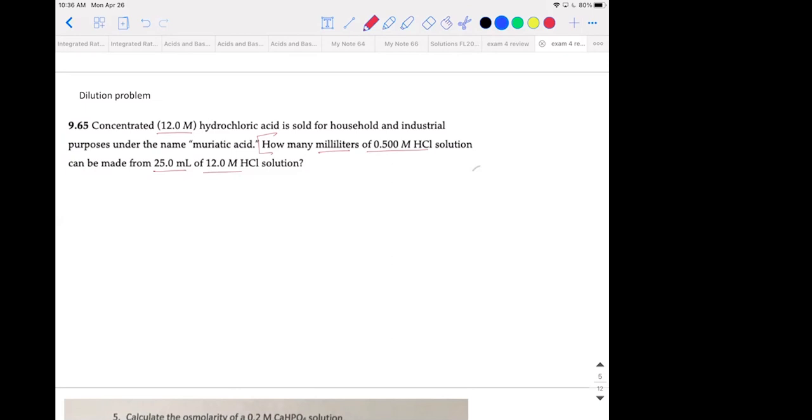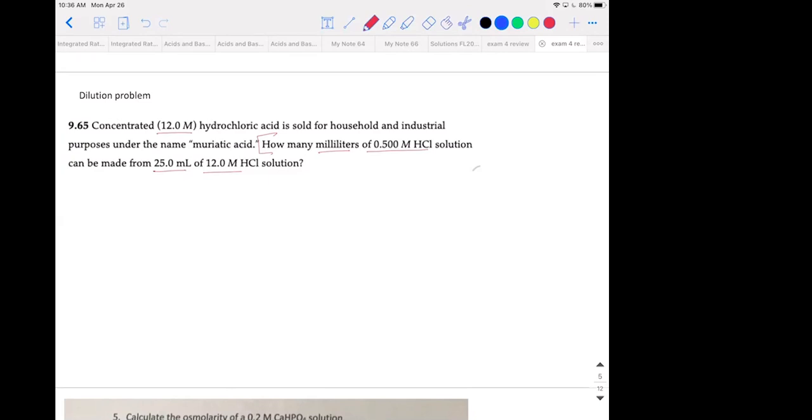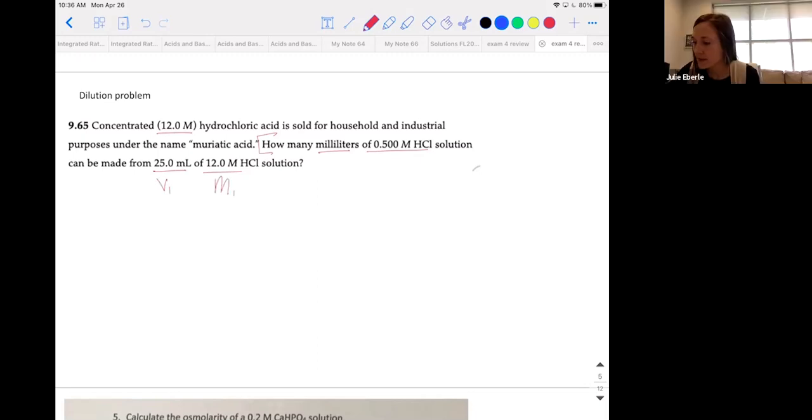Isn't it just M1 V1 equals M2 V2? It is. So what do I need to plug in? What's my M1 and V1? 25 milliliters and 12 molar. Perfect. So that means I'm solving for V2.